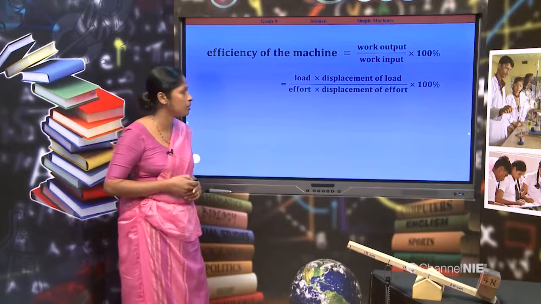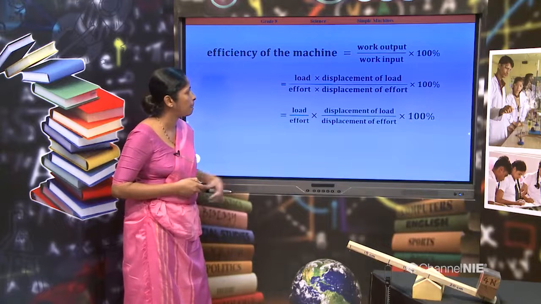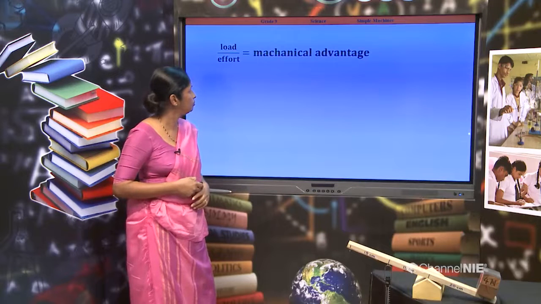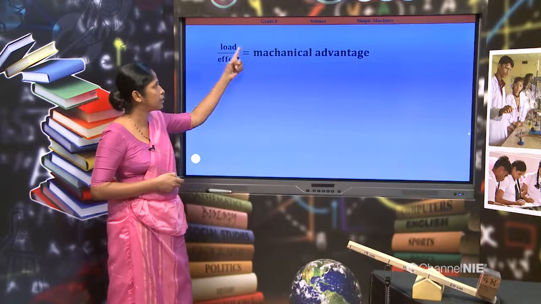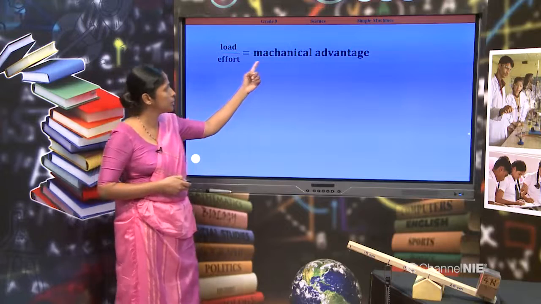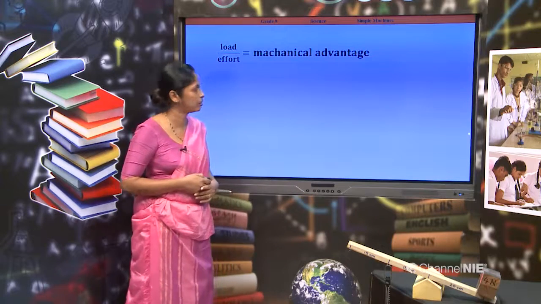Think, you can't remember. Let us see. I separate this, load divided by effort, displacement of load divided by displacement of effort. As I told you earlier, load divided by effort is the mechanical advantage.